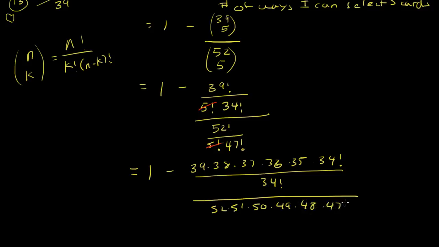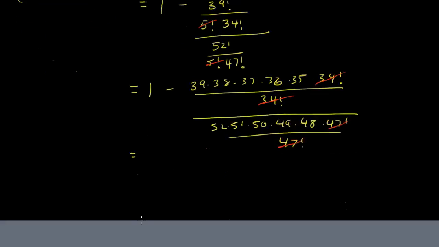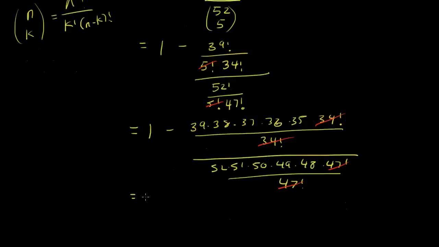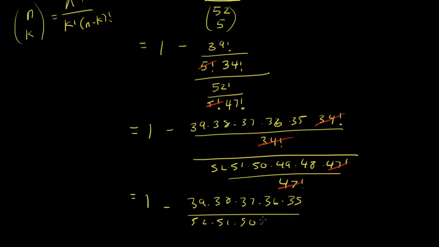I'm going to leave the 47 factorial because that will cancel with this 47 factorial down here. Okay, so let's do our cancellations. This guy cancels with that. This guy cancels with that. Okay, so I have this equals 1 minus 39, 38, 37, 36, 35, all divided by 52, 51, 50, 49, and 48.